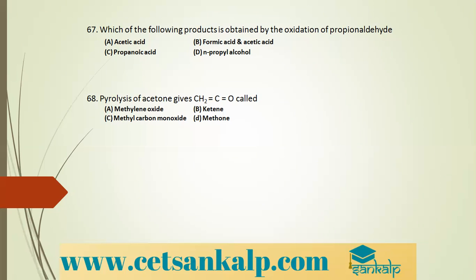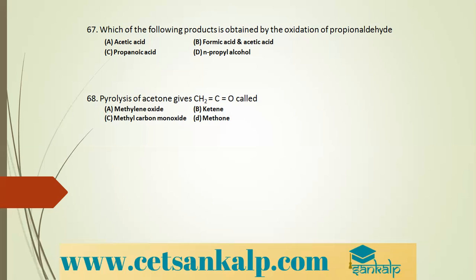Moving to the next question, which of the following products is obtained by oxidation of propionaldehyde? Propionaldehyde is the common name, which is nothing but propanal. So when you carry out oxidation of propanal, we get the corresponding carboxylic acid, propanoic acid.